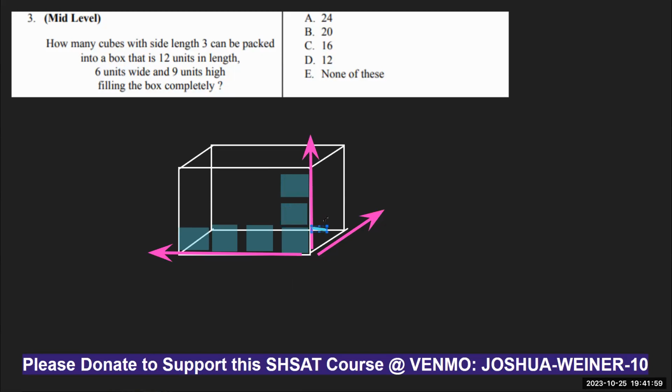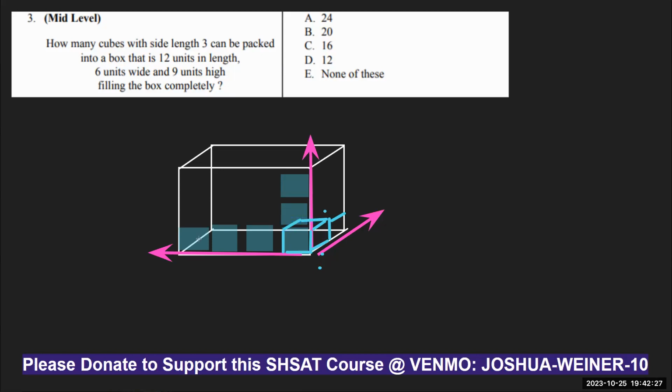Or we could do 1, 2 boxes in this direction, like so. What I'll do is make a wireframe for the cornerstone, so to speak, the corner box. Everyone see me drawing the corner cube?